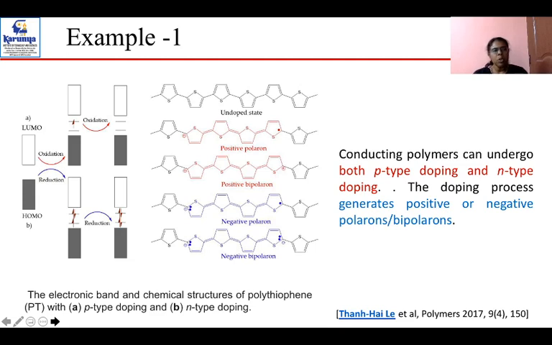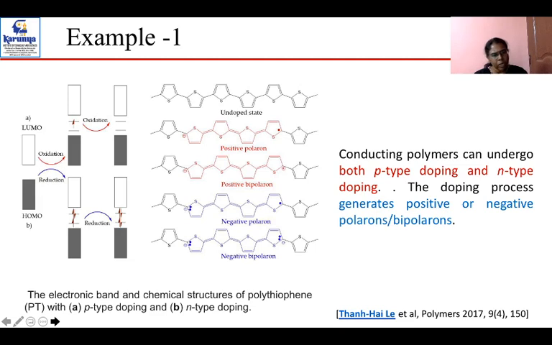This is a polymer called polythiophene. Initially you have the HOMO-LUMO of the undoped polymer, right? And then you make it undergo either oxidation or reduction, accordingly whether you want to make it p-type or n-type. The first time you do an oxidation, you could see something happening, and then again you go for oxidation, you end up with the formation of a bipolaron.